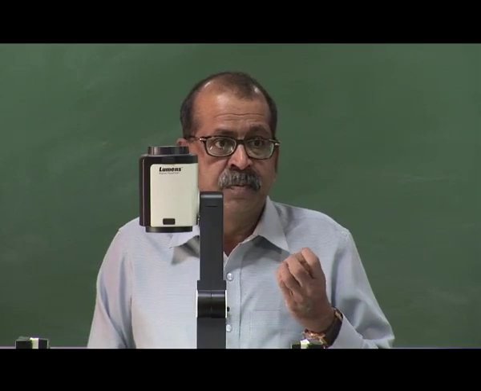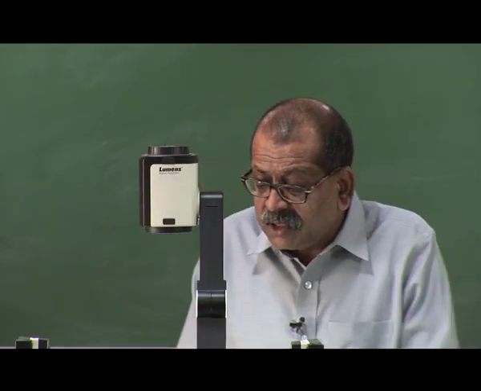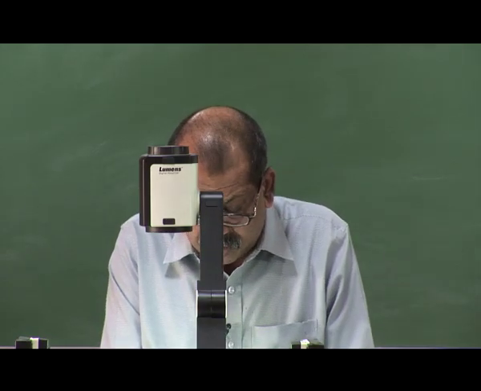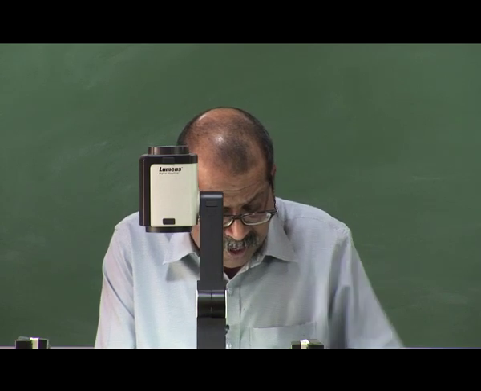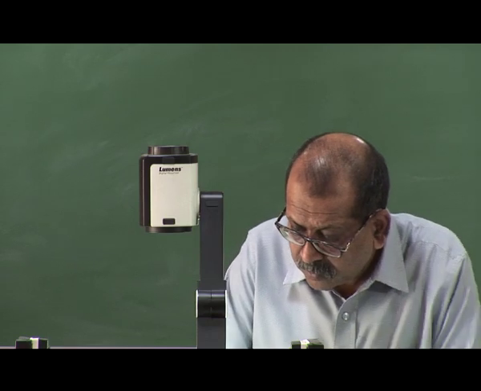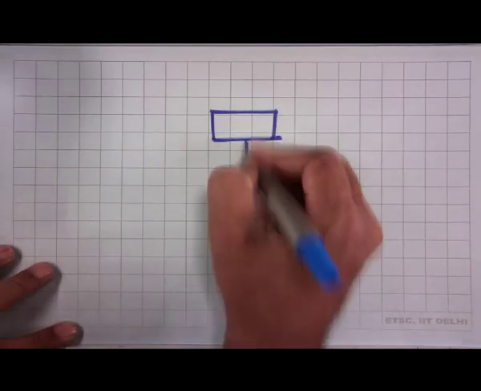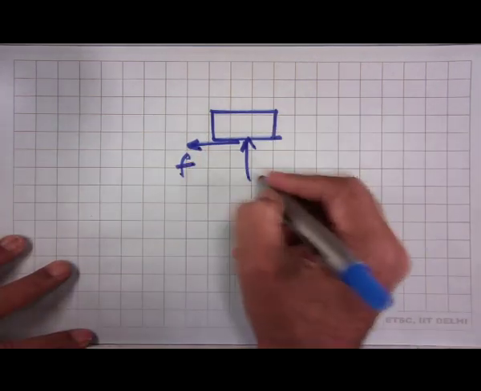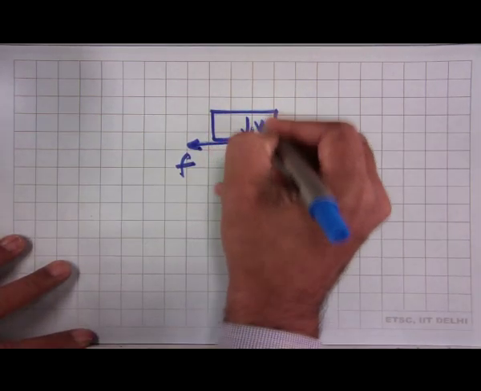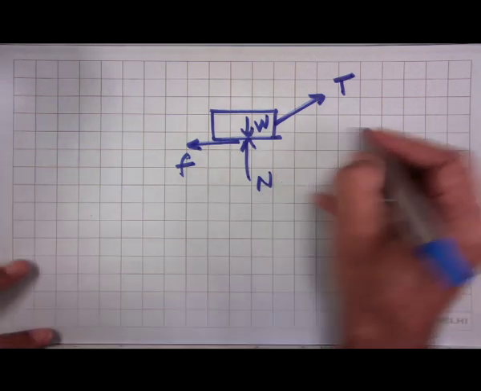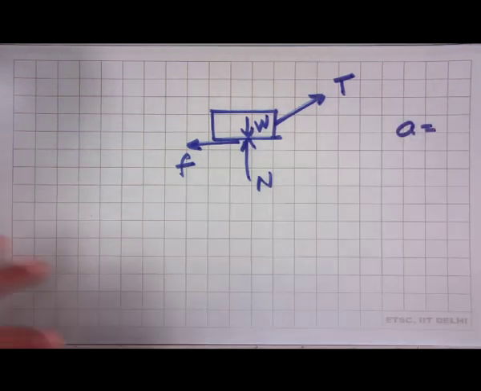only one of them will be the unknown. Now, what we realize is when we draw the free body diagram, then because of the contact force, this is what we have when we draw the free body diagram. Then we have a normal reaction, we have a friction, we have the weight which is acting, this force because of the external body, the string, the tension like this, and acceleration.